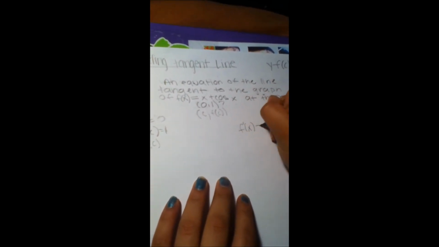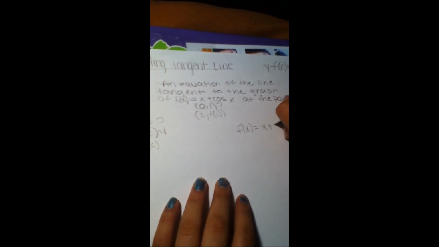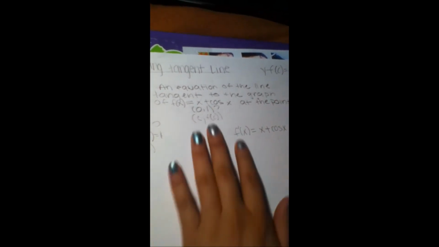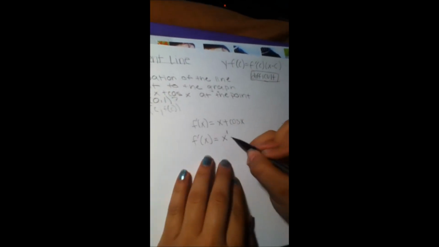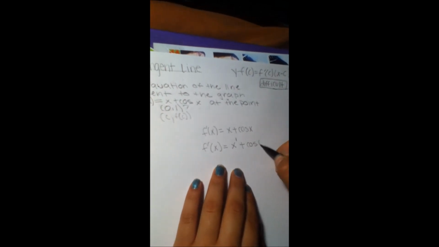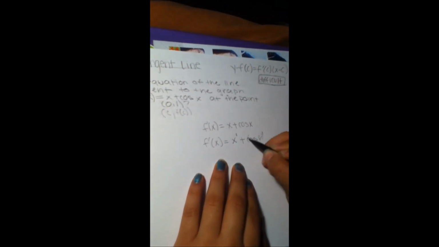For that, we have to derive the equation. So that means the derivative of x plus the derivative of cosine.